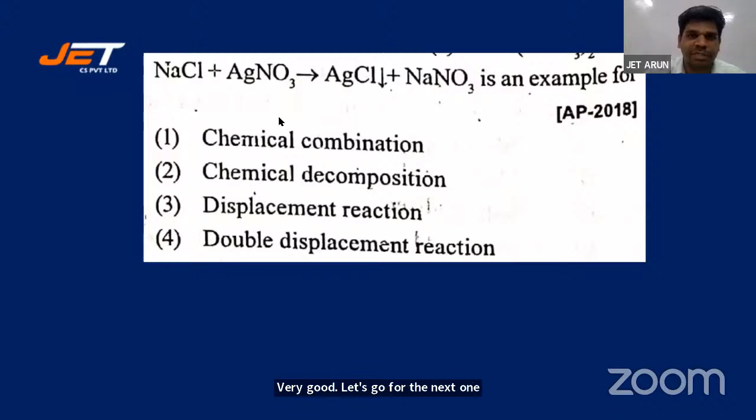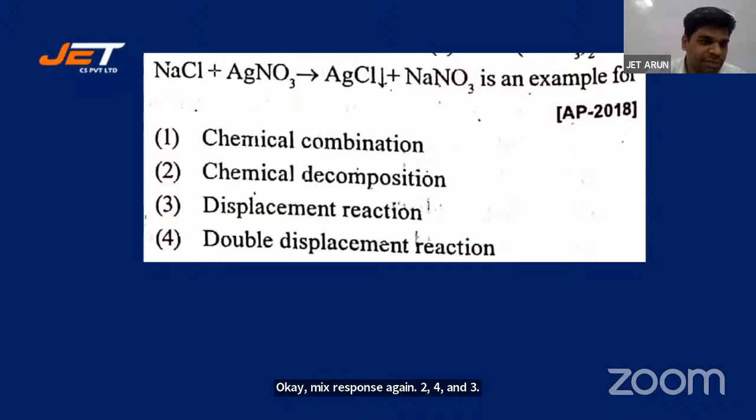NaCl plus AgNO3 gives rise to AgCl plus NaNO3 is an example of what kind of reaction? Chemical combination, chemical decomposition, displacement reaction, double displacement reaction. So this is the knowledge about different types of reactions. Okay. Mixed response again: 2, 4, and 3. Juveria says 3.